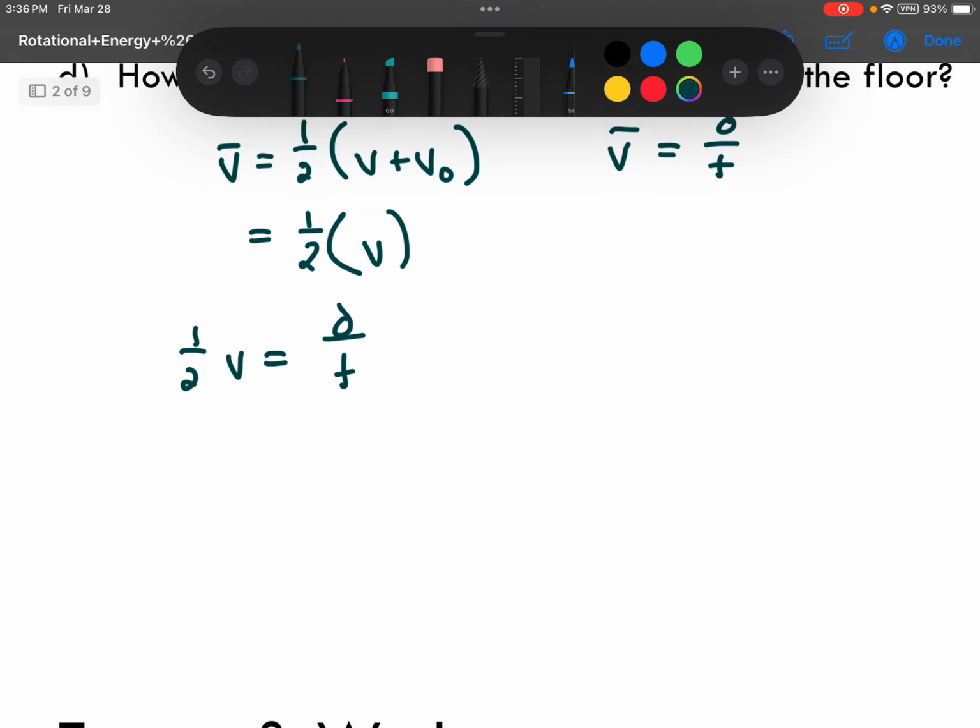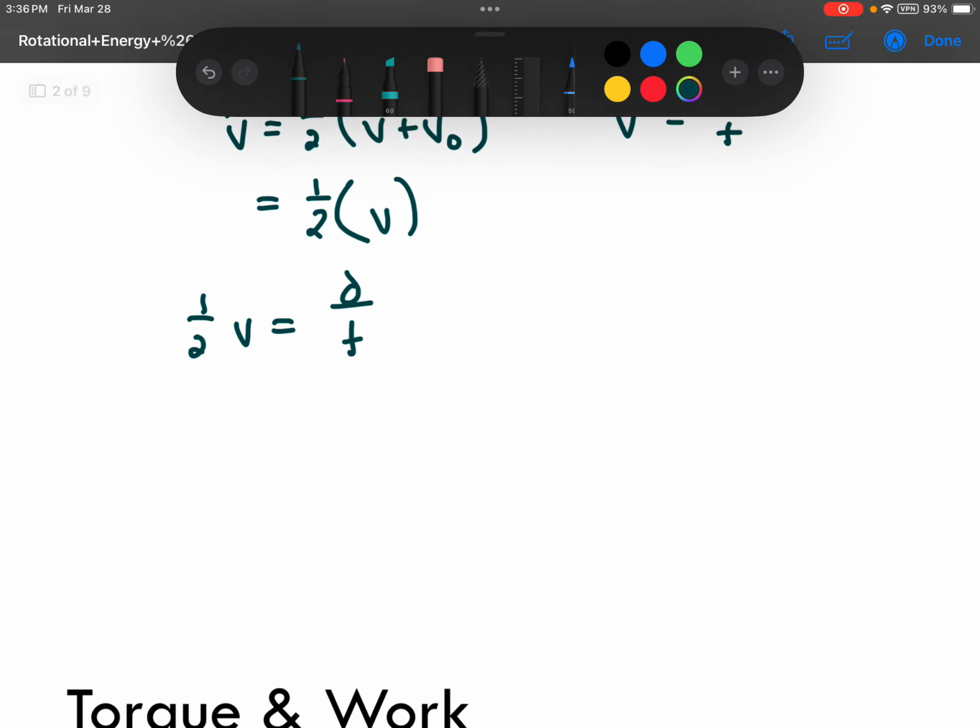Let's clean this up a little bit. Let's solve this for time. So through a little rearranging, we're going to get that time is 2 times the distance divided by that final velocity.